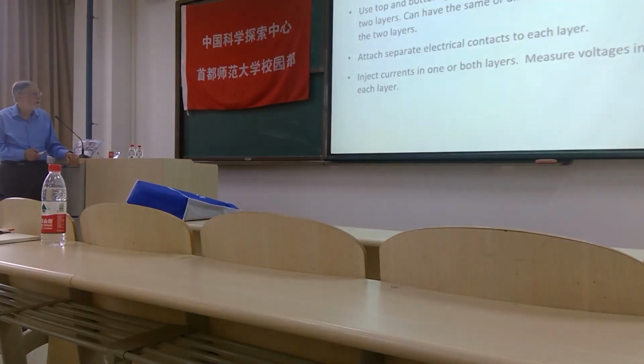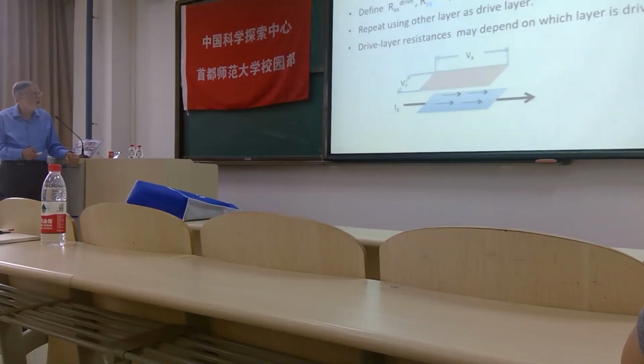So one of the things you can do is inject current into one layer or the other layer, and you can measure voltages in either of the layers. So one of the things you can do is a drag experiment. For example, I can have a situation where I have a current contact to just the bottom layer here.